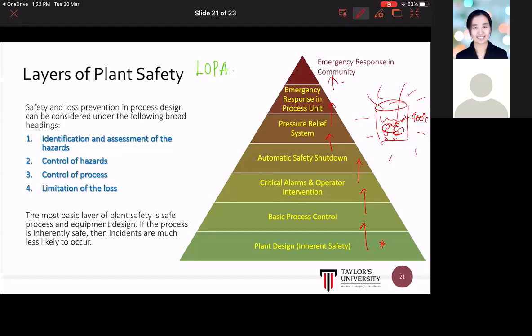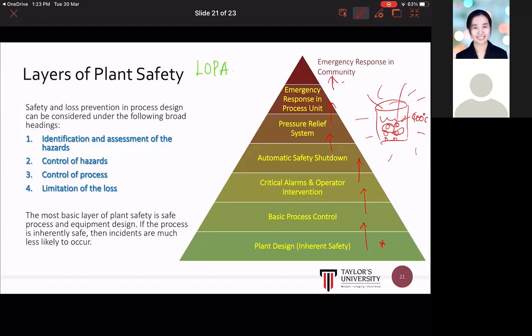Evacuating people around that unit is not enough. You have to evacuate the city. You have to evacuate everyone in Sunway area, in PJS area, if there's a storage tank at Taylor's location or somewhere nearby Taylor's. We have to evacuate everyone when we say community. Yeah.